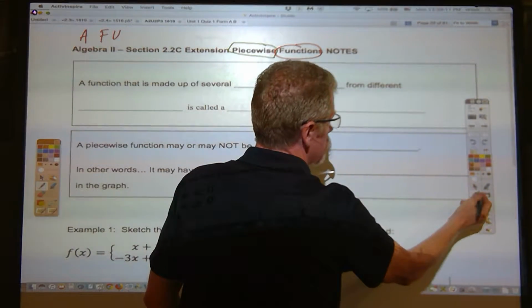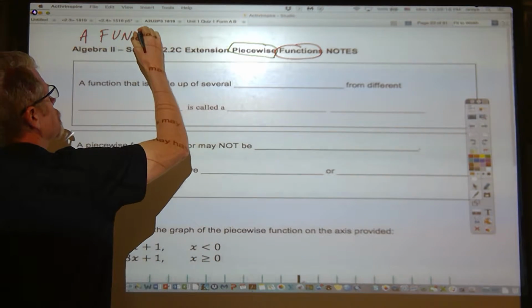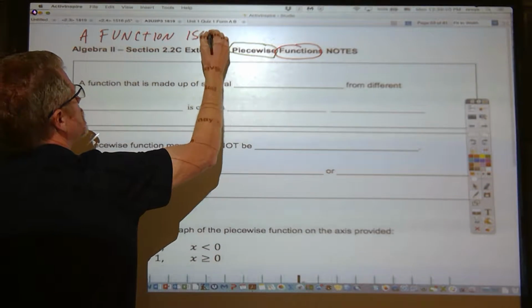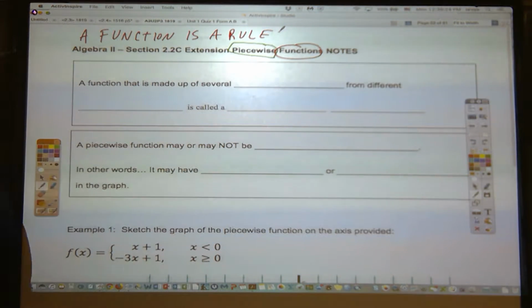It's not a mountain, it's not an elephant, it's not a country. Someone asks you what a function is? It's a rule that maps every element of the domain to exactly one element of the range.